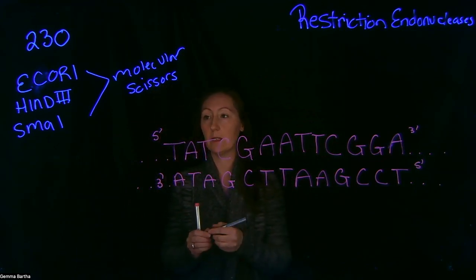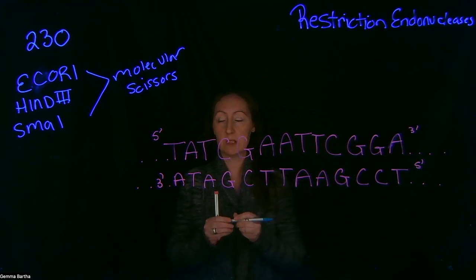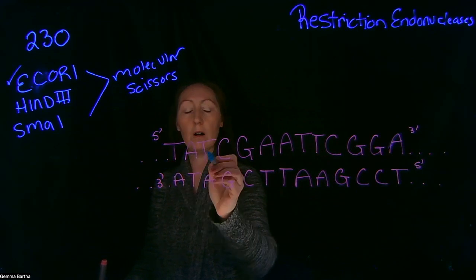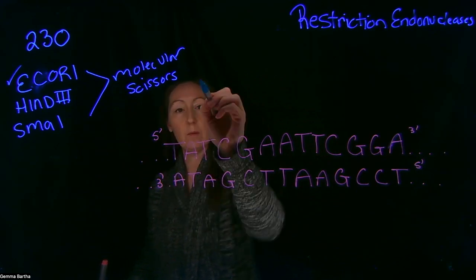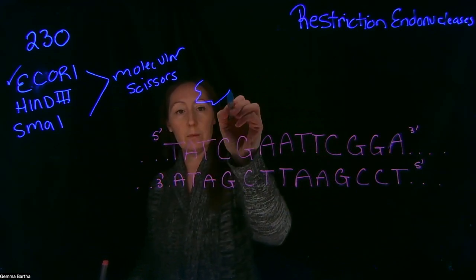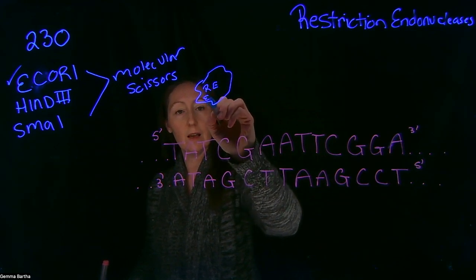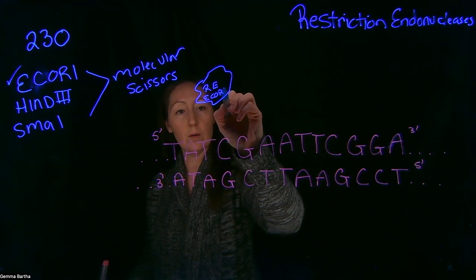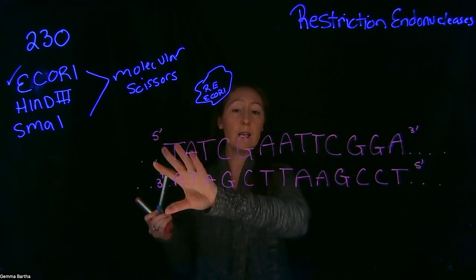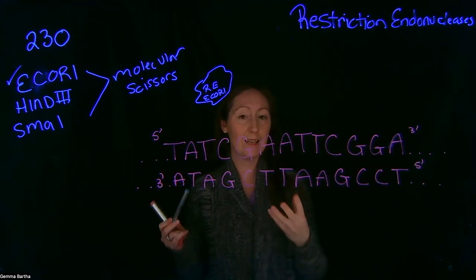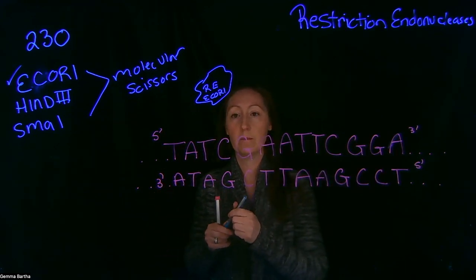Now, what our restriction enzyme is going to do, and let's just take this one here. So EcoRI is going to come through, and we're just going to make it be a blob. So this is restriction enzyme EcoRI. And it's going to look for a particular palindrome that is in that code of DNA.